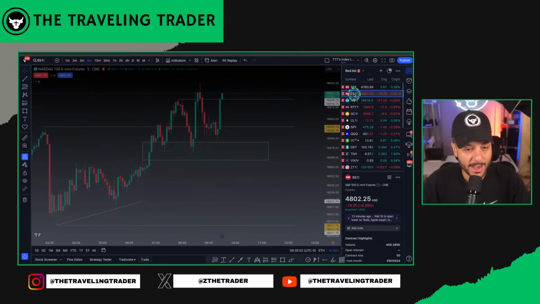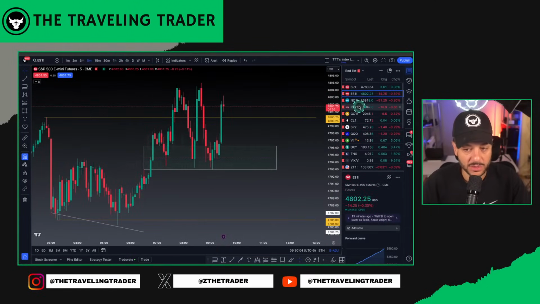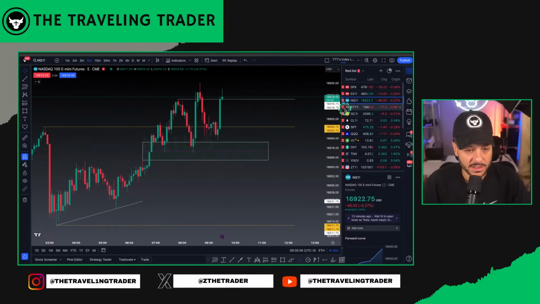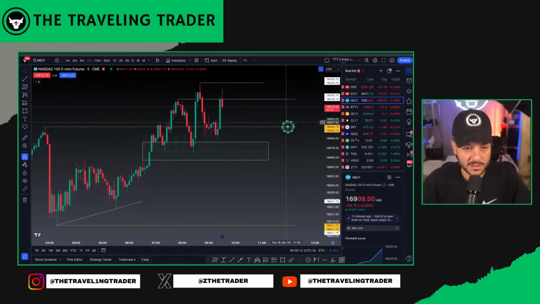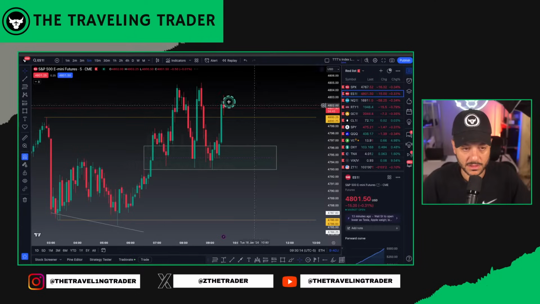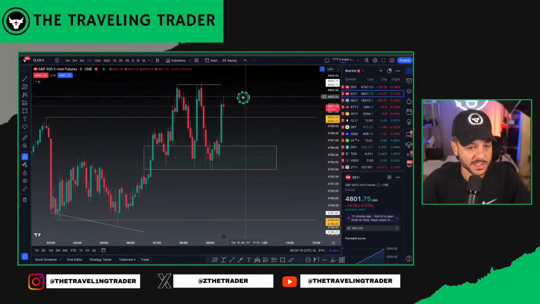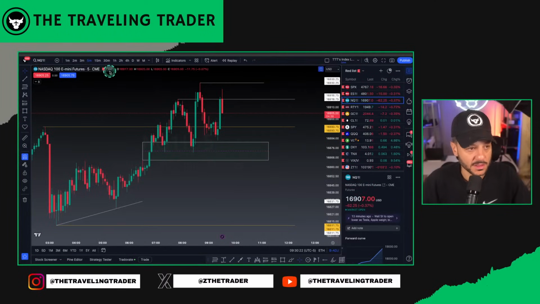See, look how powerful NQ. This is why I was saying I would long NQ over ES, especially if NQ gets above this level here, because ES essentially formed equal highs here. Right? Let's see. Hold on.